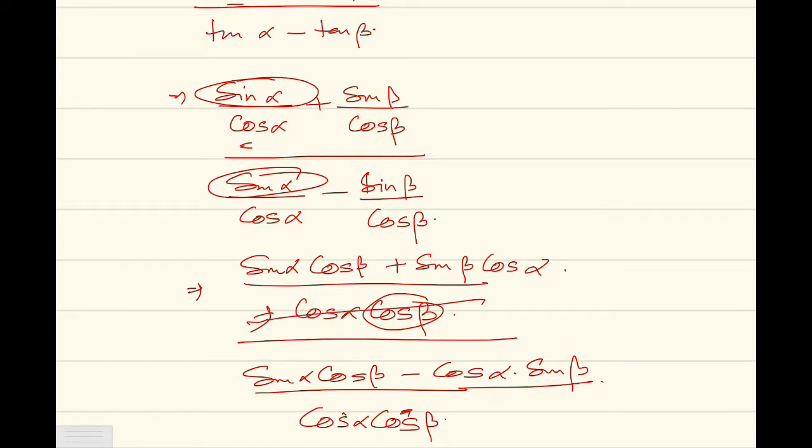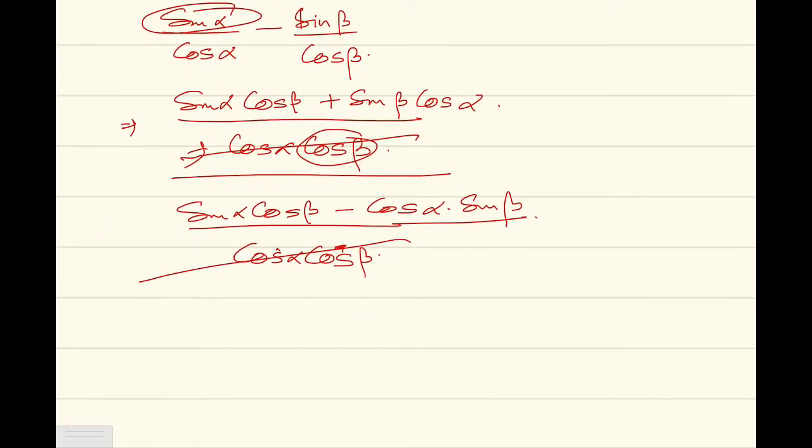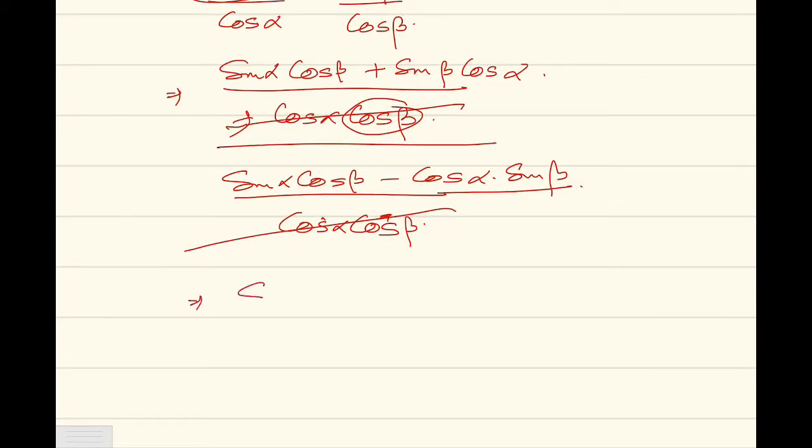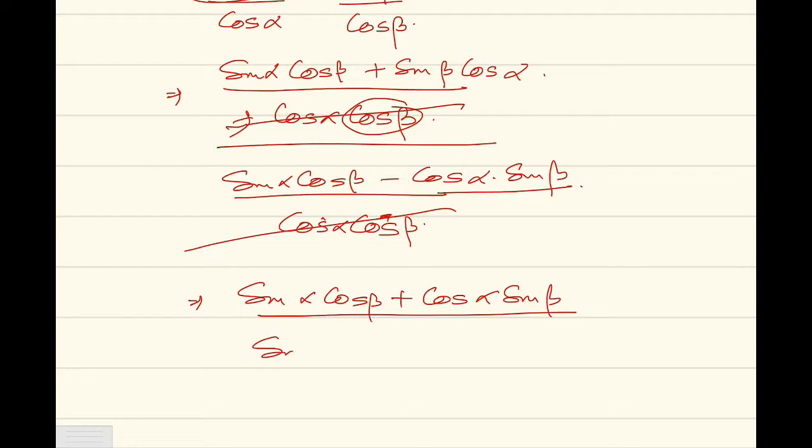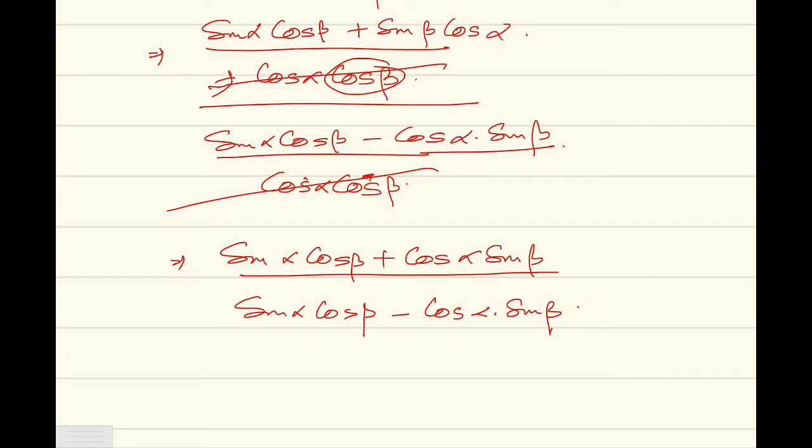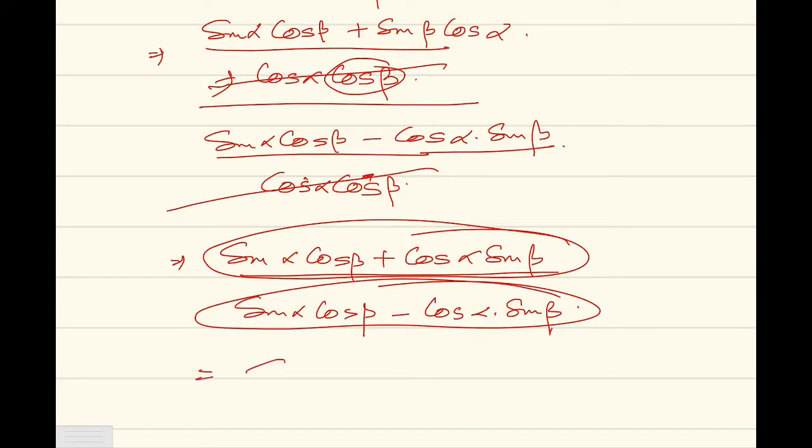So let's cancel this, and I'm left with sine alpha cos beta plus cos alpha sine beta. Rearranging that, sine alpha cos beta minus cos alpha sine beta. Sounds familiar, isn't it? So isn't this the formula of sine a plus b, and this is the formula of sine a minus b? So can I write it as sine alpha plus beta divided by sine alpha minus beta? Done.